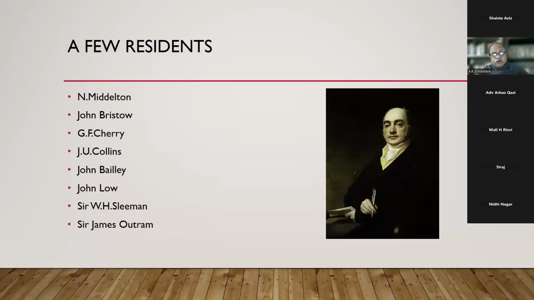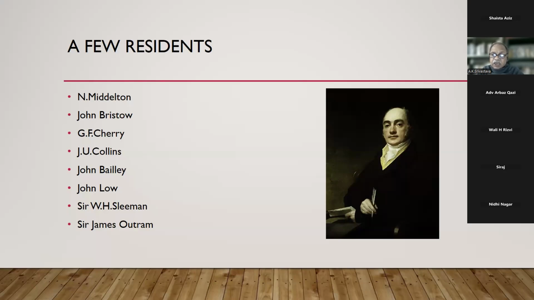So when Warren Hastings was strong, Middleton came, and when Warren Hastings became weak, Bristow came. Cherry, I am mentioning because he was one of the ex-residents who was killed by an ex-Nawab. A very interesting question for trivia. Wazir Ali, when exiled from here to Varanasi and revolted at Varanasi, Cherry was posted there, and Cherry was killed.